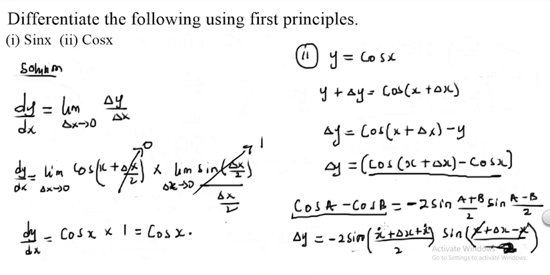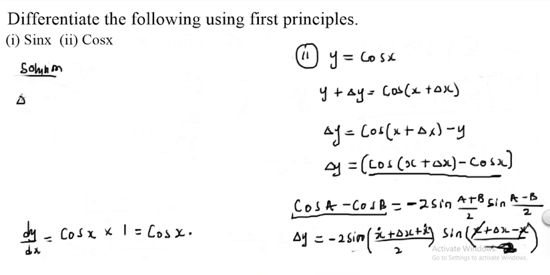But let's clean up space and continue the analysis. So we have delta y is equal to minus 2 sin. Now, this x adds up to this x here, so we can say this is (2x plus delta x) divided by 2, times sin(delta x over 2).